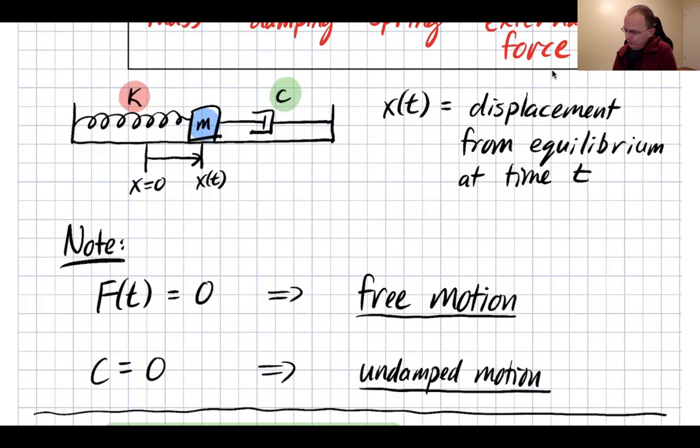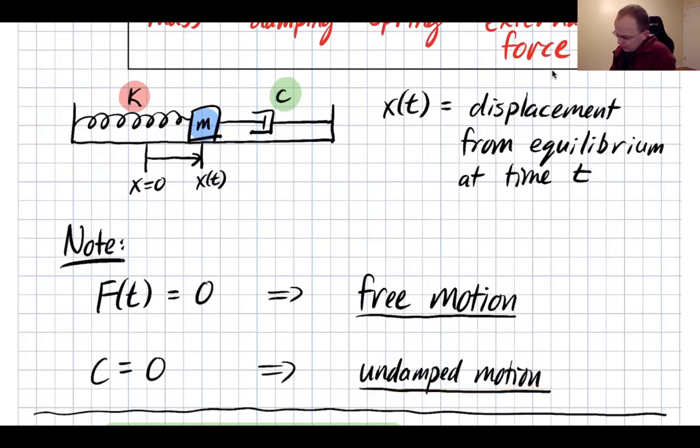Friction is a type of damping, it has a damping effect. Eventually, just due to friction, this mass will not oscillate forever. So this is saying that there's no friction, and in that case, we're talking about undamped motion.